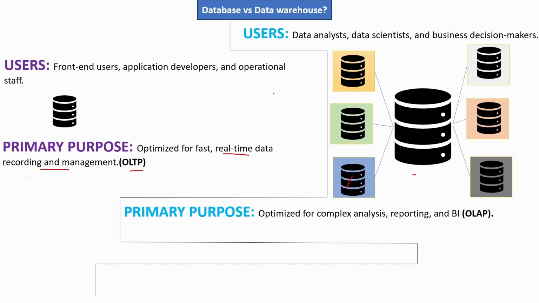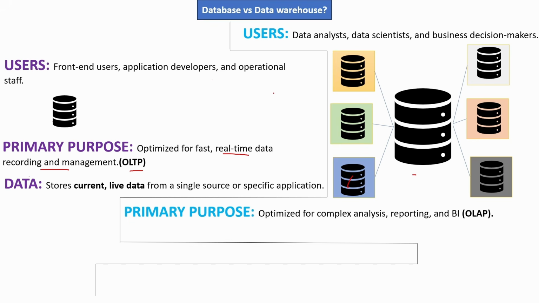Now, as we just discussed, the primary purpose of a database is real-time data recording. So, indeed, it will only store current live data from a single source or specific applications, right?